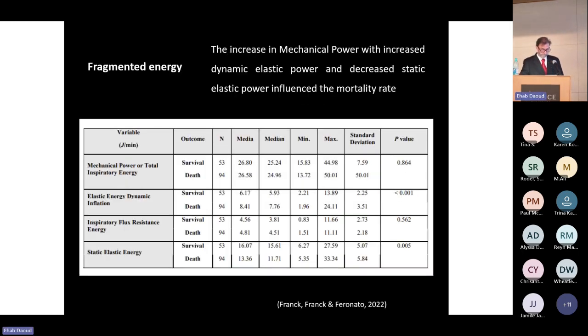Perhaps it's necessary to fragment the mechanical power to understand which portion of energy influences its highest values and in what proportion, thus being able to suggest not only the severity but also the pulmonary prognosis.